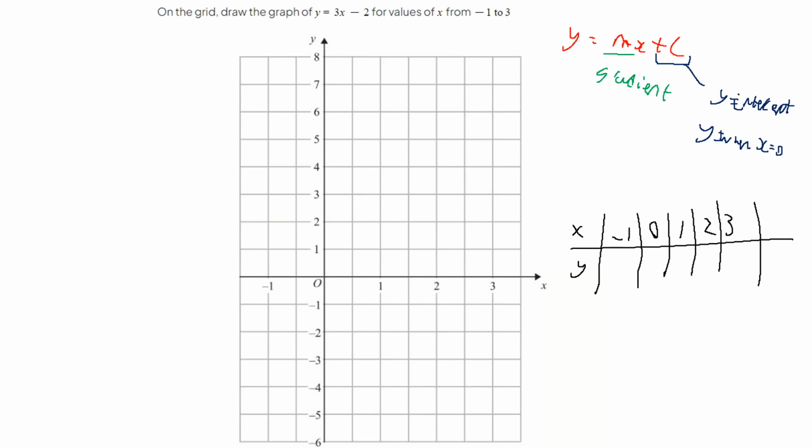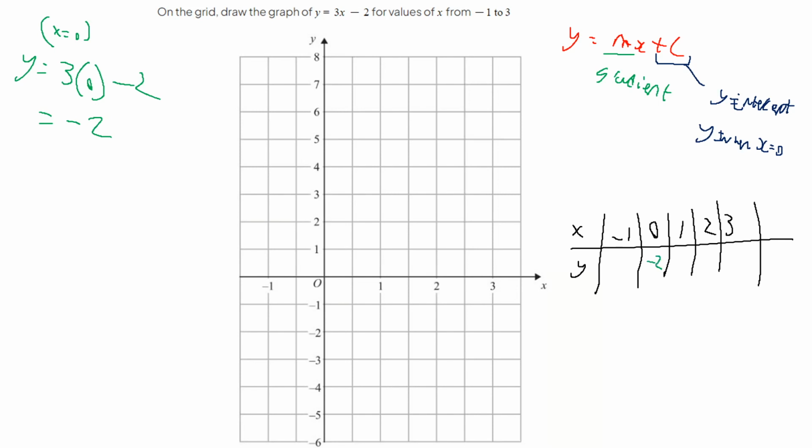Let's look at an example. Let's start with 0 because I mentioned the y-intercept. 0 is always free and you can do it anytime you want. So x is equal to 0: 3 times 0 minus 2. 3 times 0 is 0, minus 2, and so we're left with minus 2.